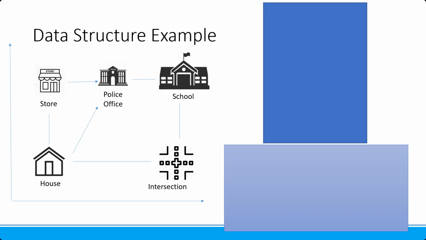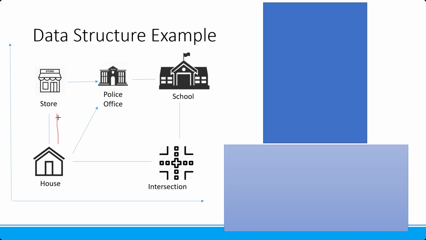Now, let's see an example. In this example, we have a map. The house is here and you can go to the store. If you look at this one, the line has no arrow.